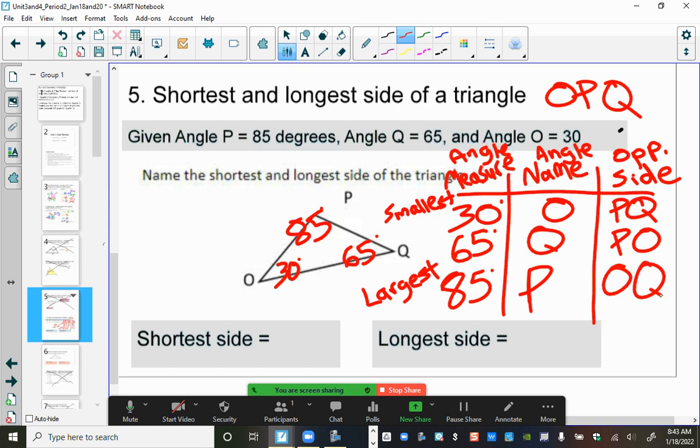And then from there, we can figure out the shortest side. What's our shortest side? Look at your smallest angle. The smallest angle is 30. That was angle O. What's your opposite side? Look right up here.